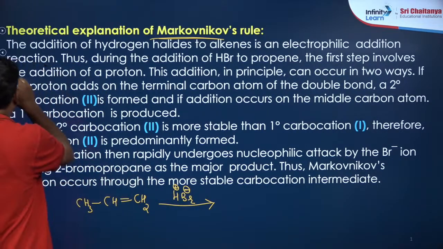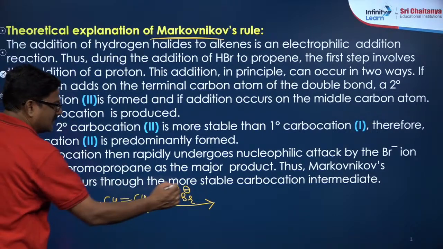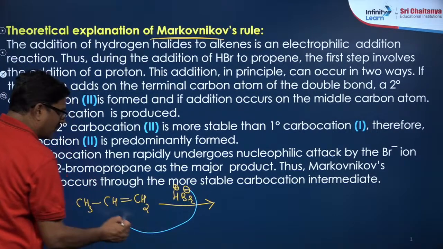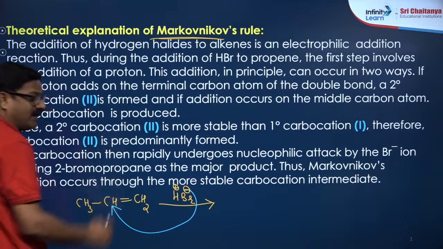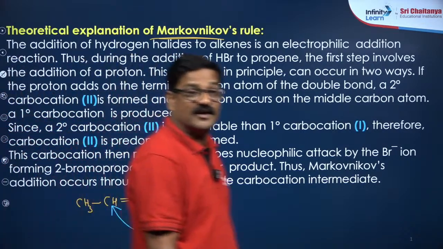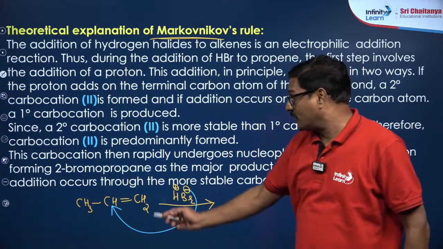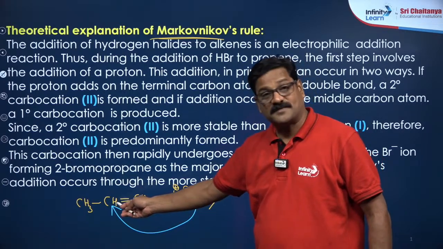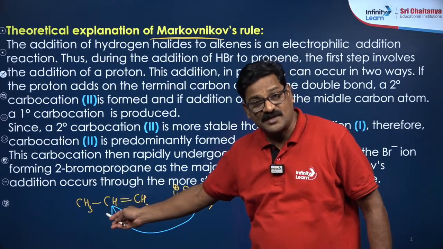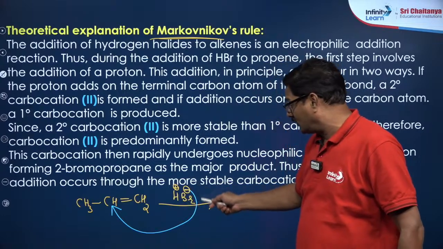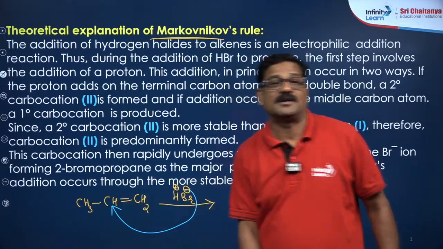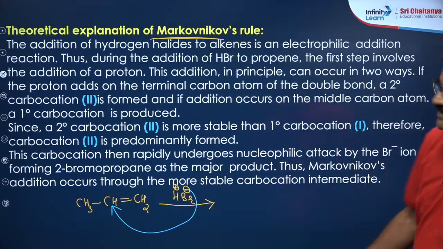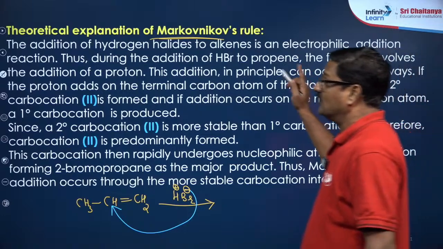The negative part of the reagent attacks the carbon of the double bond which bears the least number of hydrogens. One carbon of the double bond has 2 hydrogens, the other carbon has only one hydrogen. So the negative part of the reagent is likely to attack here. This is what you call the Markovnikov rule.